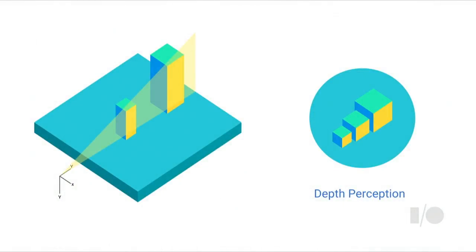The second piece of technology that we expose through our APIs is depth perception. And depth perception allows our Tango devices to see in 3D. So on our tablet here, we've got a special depth camera, and it projects infrared light out into the world, and it has a camera that can see that infrared light.